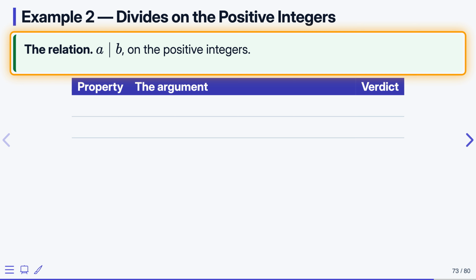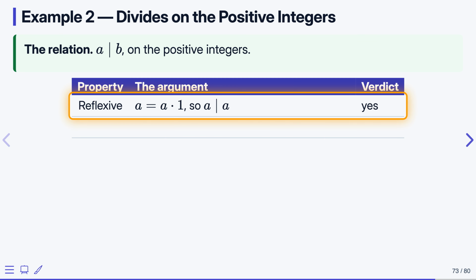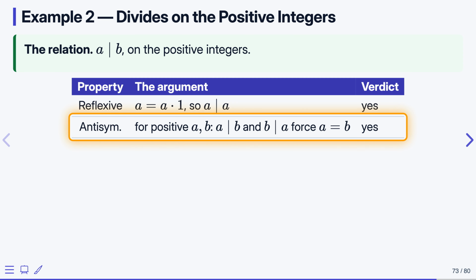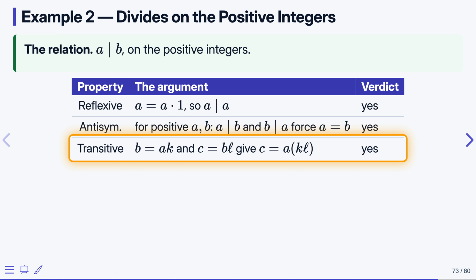Now a second example. Take the divides relation on the positive integers. Reflexive. Does A divide A? Yes, because A is A times 1. Antisymmetric. Suppose A divides B and B divides A with both positive, then A is at most B, and B is at most A, so A and B are equal. Transitive.